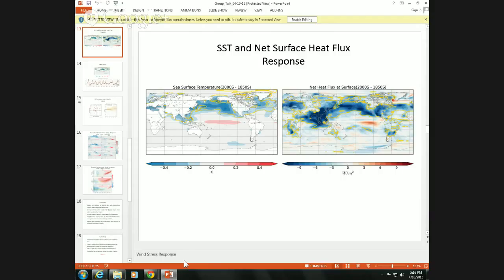NCAR has been doing this decadal forecast, and one of the things they find is that they actually have quite a bit of skill in predicting the temperature changes in the North Atlantic Ocean. One of the questions is how much of that was due to the external forcing they impose in their forecast. So it is possible that the aerosol may have an impact on this.